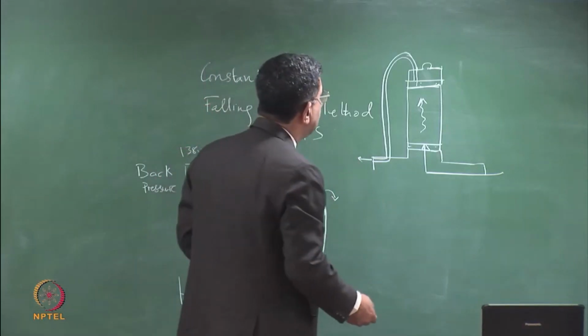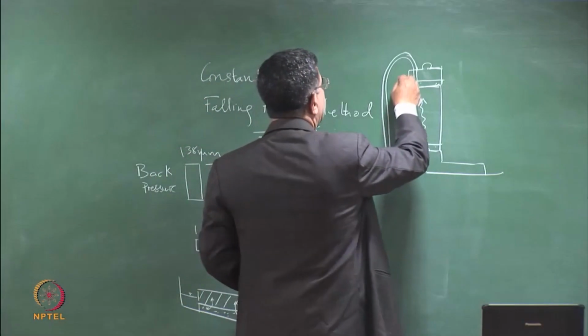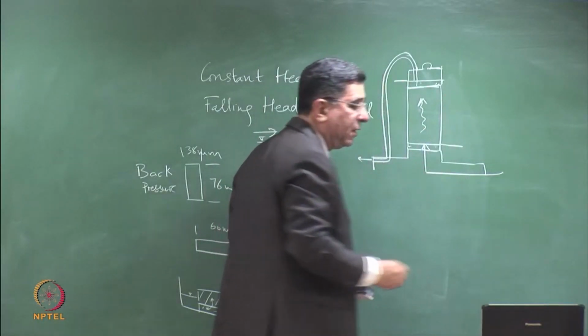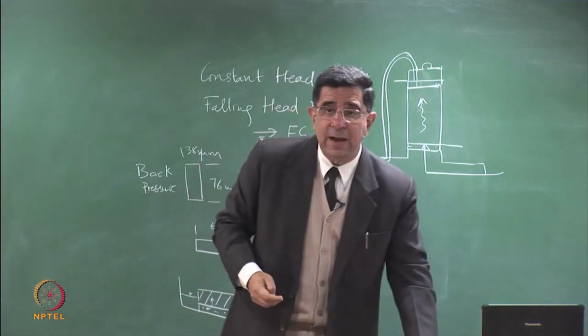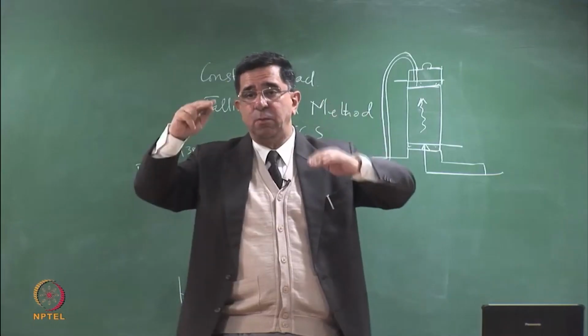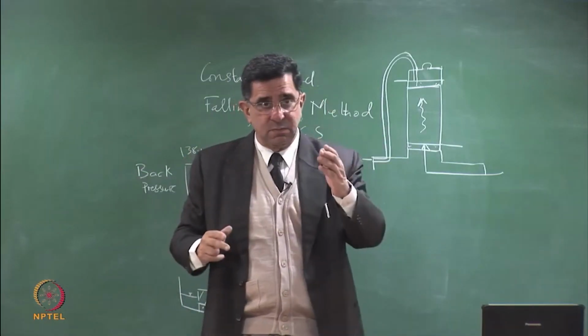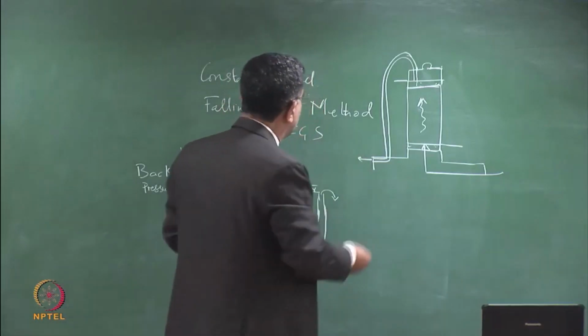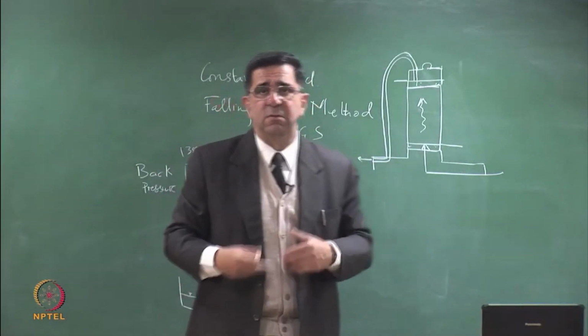So there's a differential in head at this point and at this point. And that difference in head is applied by the cell pressure application and the pore water pressure application system. So I can create a small head and measure the amount of water coming out, and this is called a flexible wall permeameter.